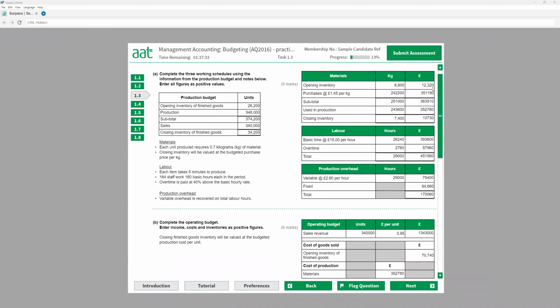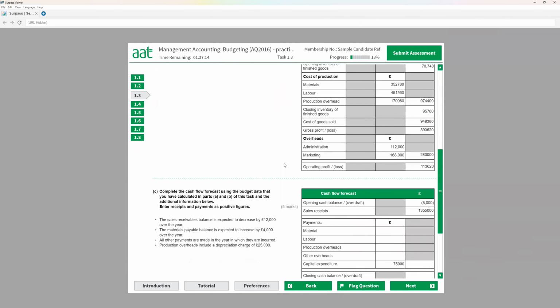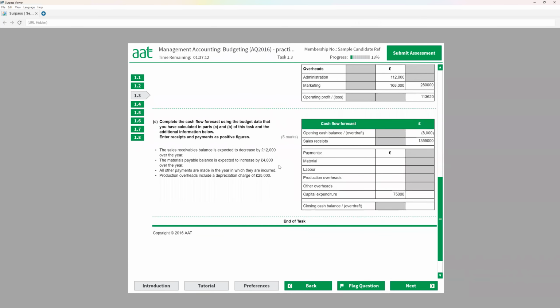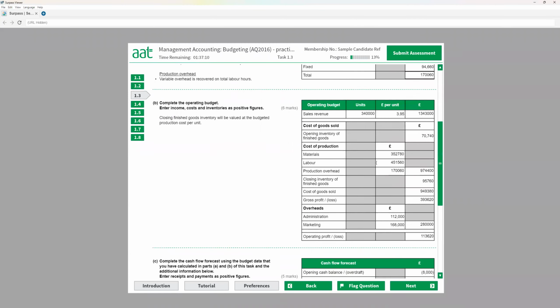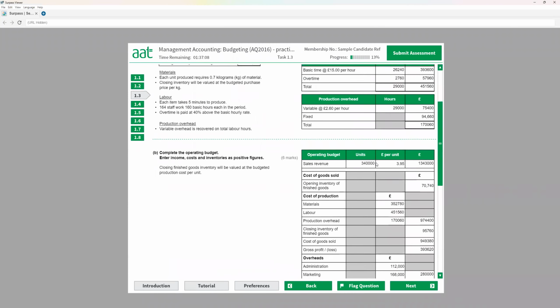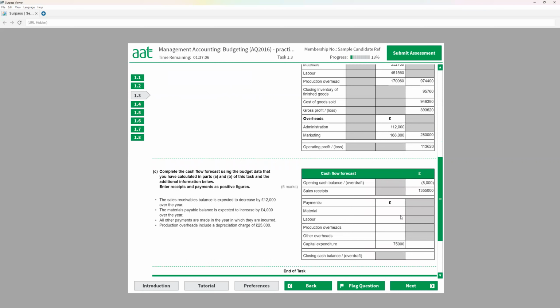So if we look at our purchase for the material, that is 351,190. Now we are paying 351,190, but we'll pay 4,000 less because the payable period will be increased. So that means I'm paying less, I'm paying later. So that will be 351,190 minus 4,000.